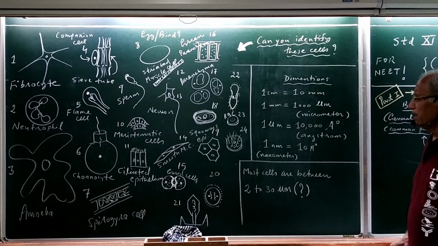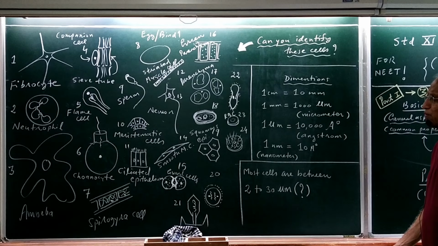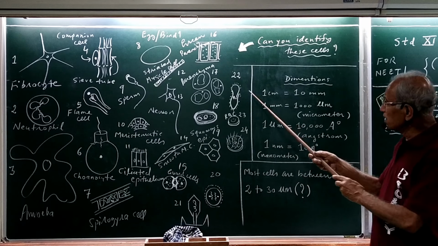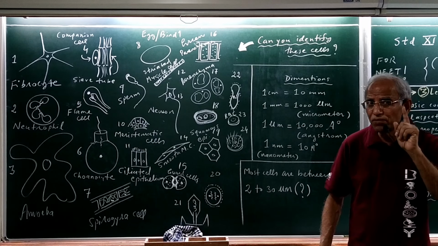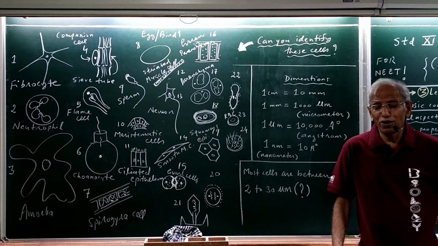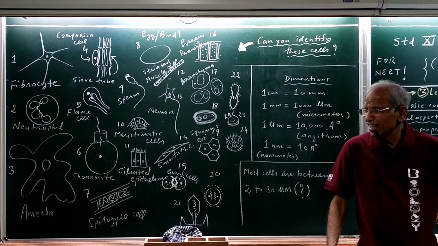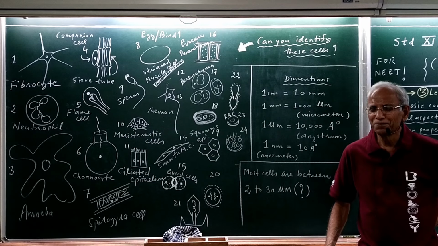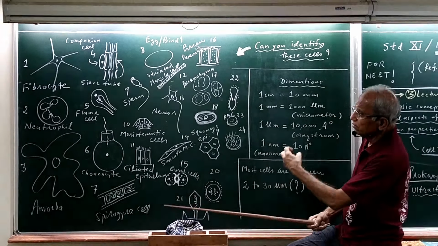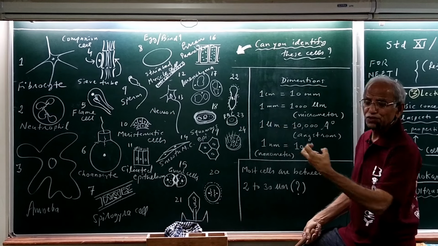Before I go ahead, I want you to identify, out of these total 22 numbers, something which is not a cell. I should have asked this earlier. Still a few things are left. I'll repeat my question. There are 22 simple structures which are shown here.